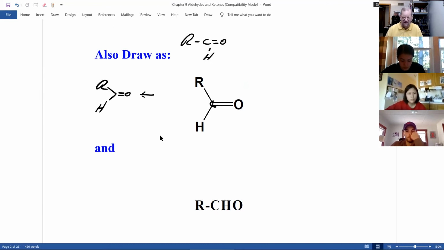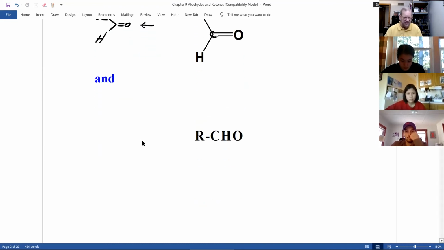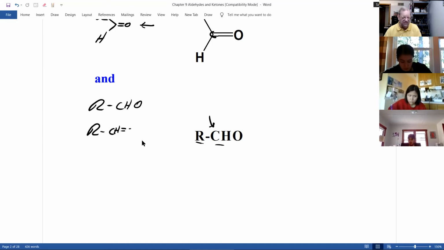Now, another way of writing an aldehyde, which you may see on the internet, is like this. And that's R, carbon with a hydrogen, and it's double bond to oxygen, but you don't show the double bond. And sometimes you might even draw it this way.